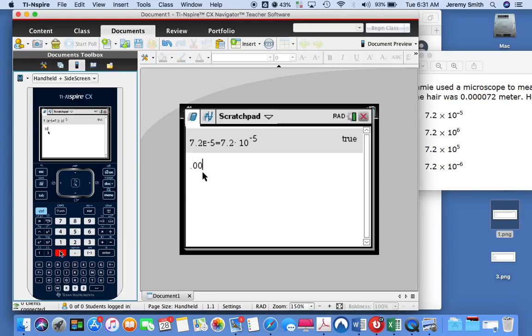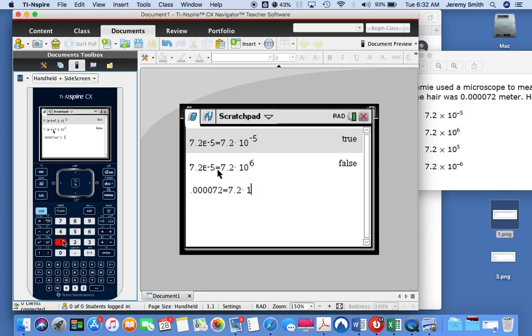Alright, let's do this again. Now I'm going to compare it to B. Alright, so I can tell that this is not scientific notation for this problem right here. Alright, let's try the next one out. And look what I'm doing. I'm taking the standard notation, making it equal to the scientific notations.